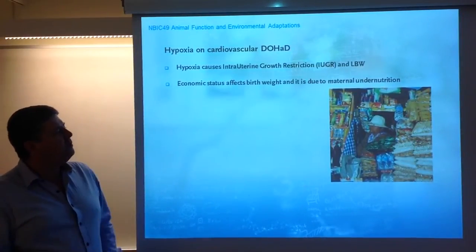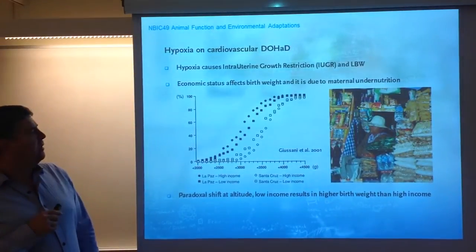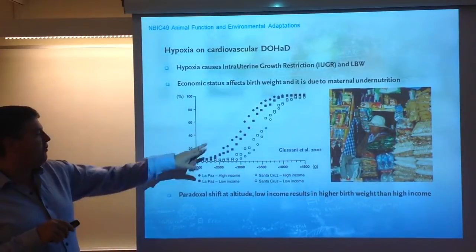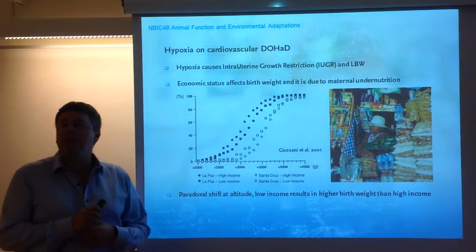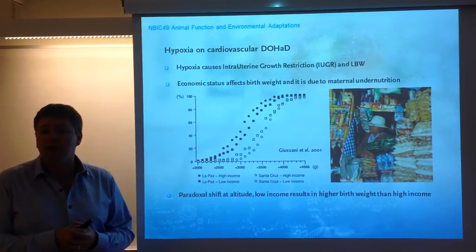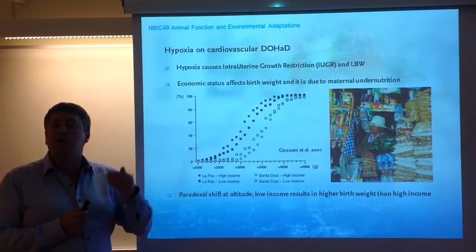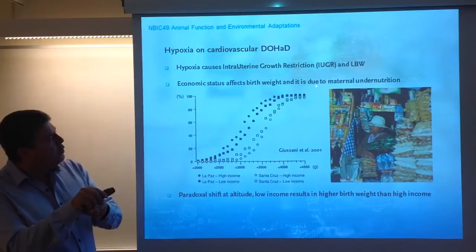These results have been obtained in Bolivia. And what you see here from the study by Giussani is the two sets of curves, or actually four sets of curves here. The black closed symbols are actually results from the city of La Paz. The city of La Paz sits at 3,500 meters, so it's a relatively high altitude, in a little bit hypoxic conditions. And then you have the two curves here. What do these curves show?